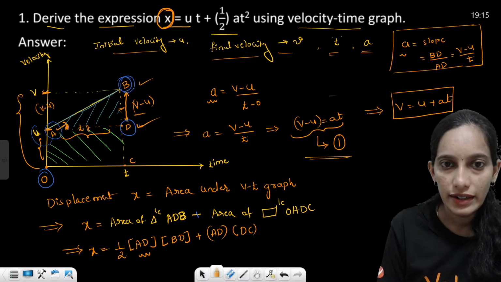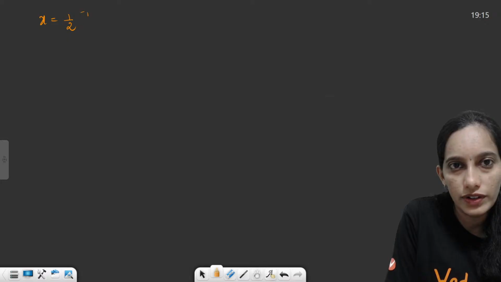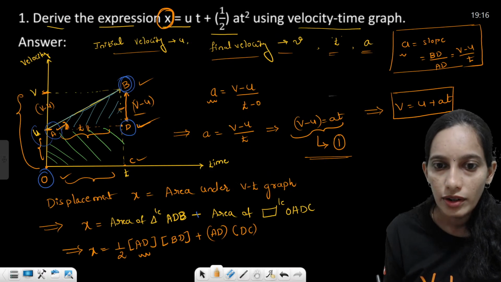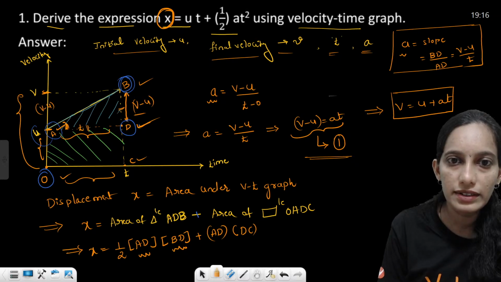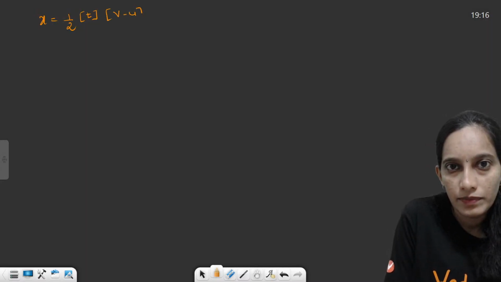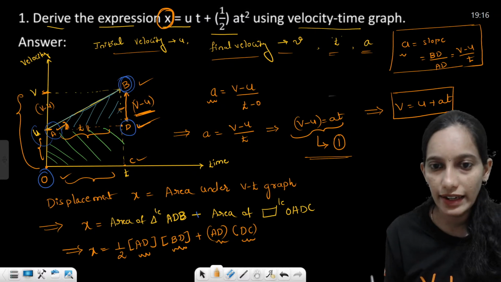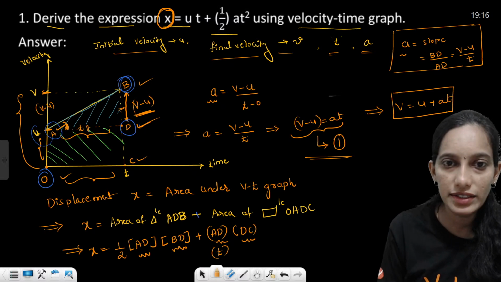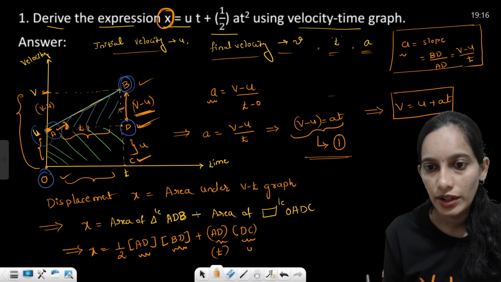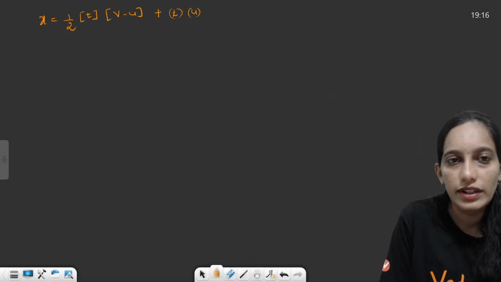This whole length A to D is equal to O to C, which is the time duration T. So AD is half into T, and then B to D is V minus U. Plus the area of the rectangle, AD and DC: AD is again time T, and D to C is equal to O to A, which is the initial velocity U. So I can write T into U.